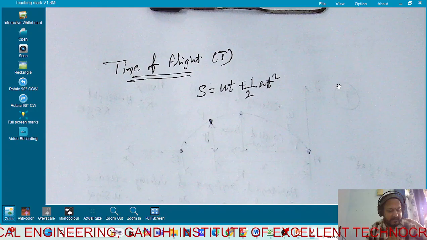So this is the final equation. What is the total time of flight? T is equal to 2u sine alpha by g. Is this clear? From point A to point B, T is equal to 2u sine alpha by g.